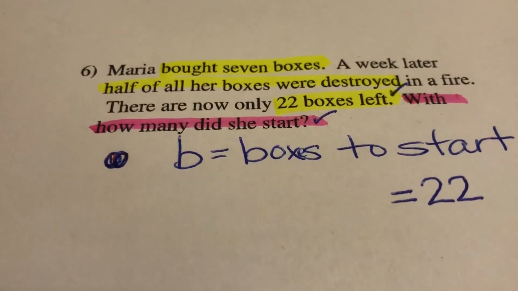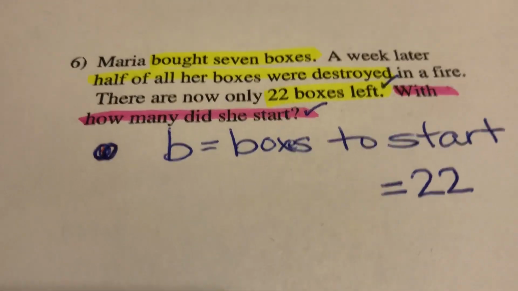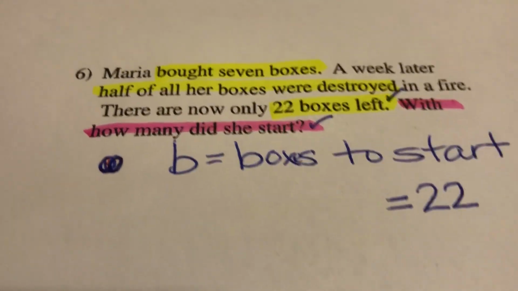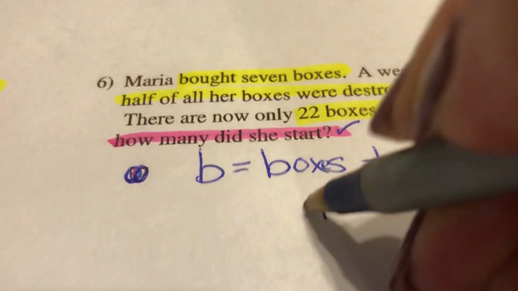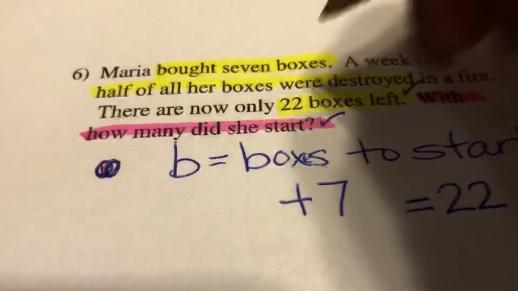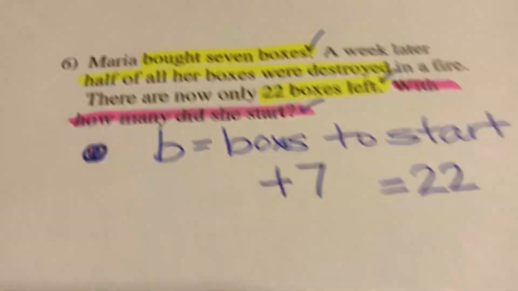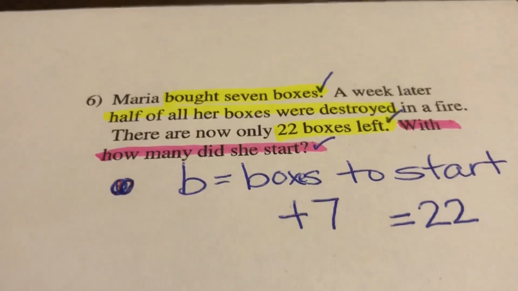So then it tells me that she bought 7 boxes. So I know that if she bought 7 boxes, if you buy them, you're adding them. So I'm going to put 7, and that takes care of this. And it says a week later, half of all her boxes were destroyed.